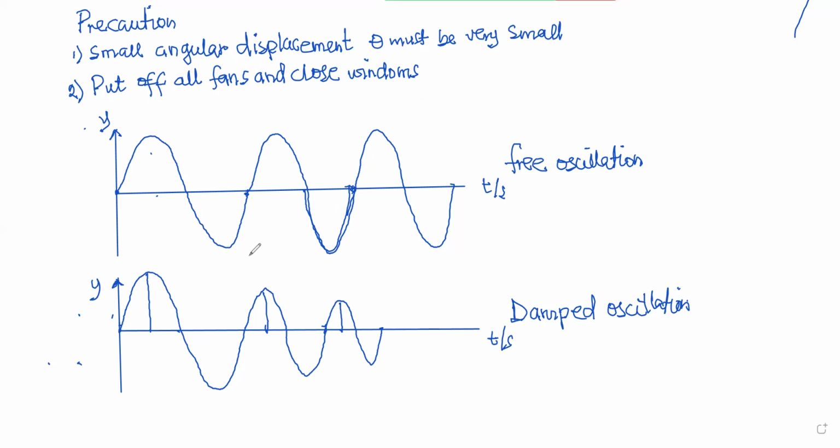A body of mass 100 grams performs simple harmonic motion with an amplitude of 4 centimeters. So the mass of the body is 100 grams. Amplitude is 4.0 centimeters.